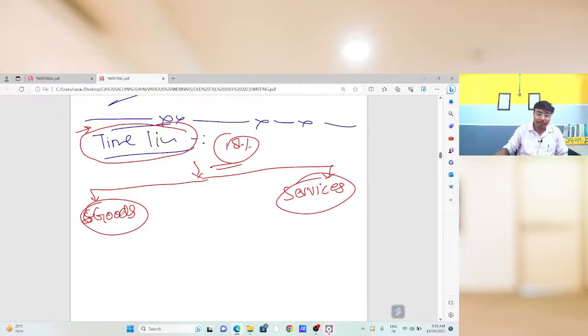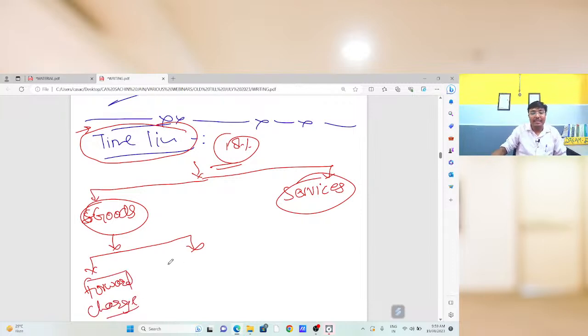my services. Now, I may supply my goods under forward charge, and I may supply my goods under reverse charge. I may provide my services under forward charge.